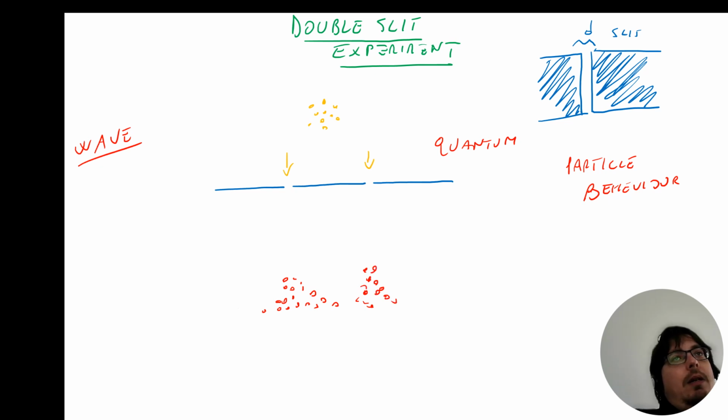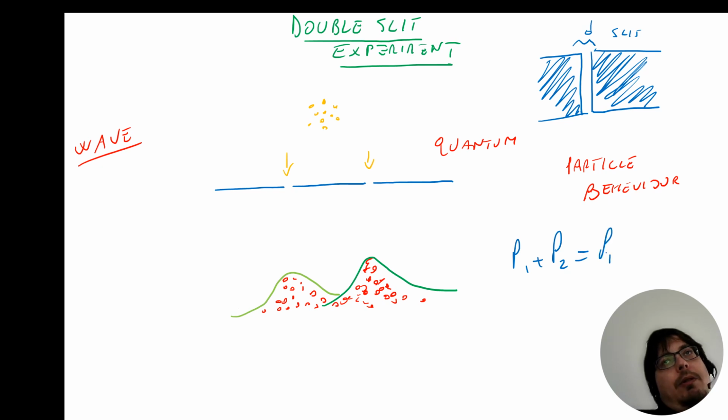And then there will not be much interaction between the two, because we are sending one particle at each time. So there will be one bump and another bump. It's basically the sum of two probabilities, P1 plus P2, and they are both Gaussian. And this is what happens when you have classical particles. Let's see what happens when you have waves, classical waves.